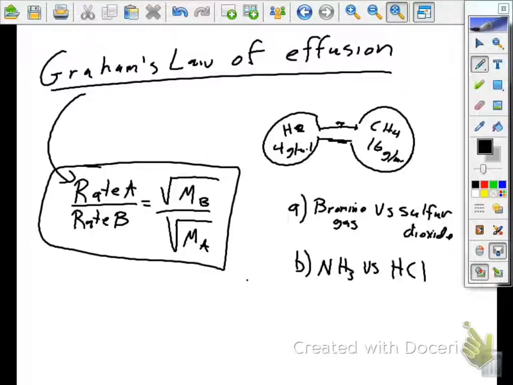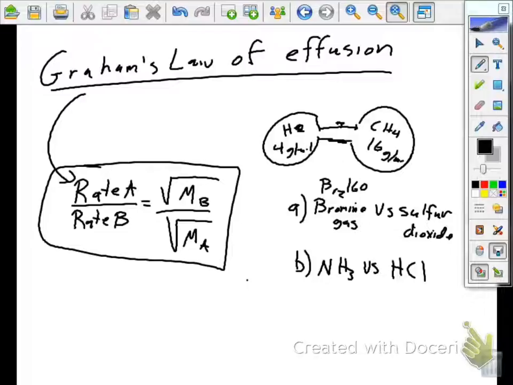Before we do that, I want to look at A and B. You tell me which ones move faster if I compare these two. What's the formula for bromine gas? Br2. I'm going to go ahead and figure the molar mass for you. It's 160.